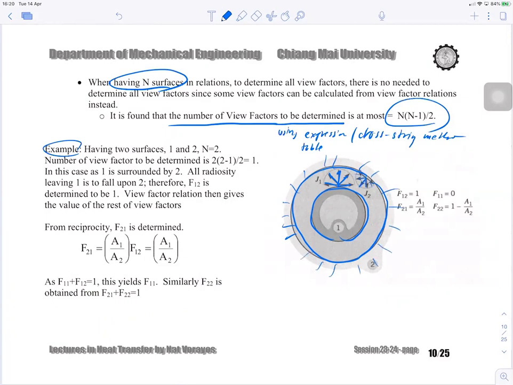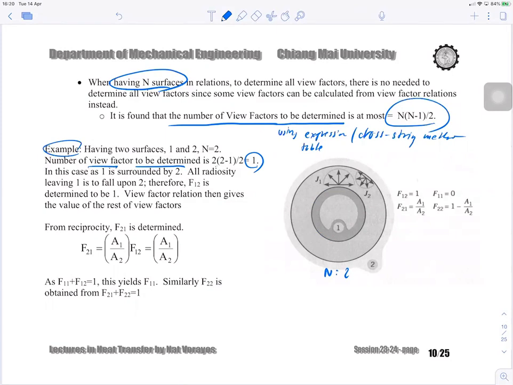In this case, n equals 2. So the number of view factors to be determined is 2 multiplied by 2 minus 1, over 2, which is equal to 1. So all you have to find is just a single view factor value. Other than that, you can find it from the relation.